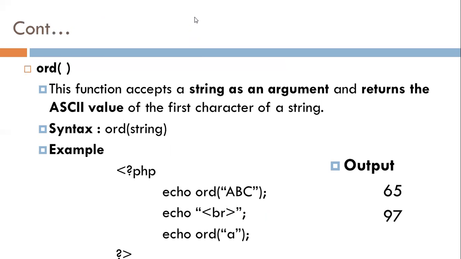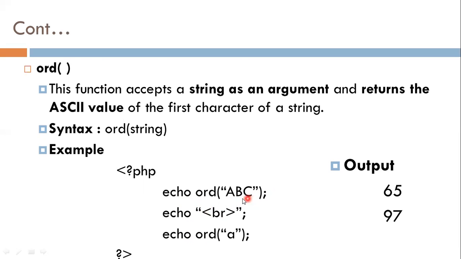Next function is ord. This function accepts a string as an argument and returns the ASCII value of the first character of the string. The syntax of the ord function is ord in brackets string. Example, suppose I write one string ABC within the ord function and print using an echo statement.